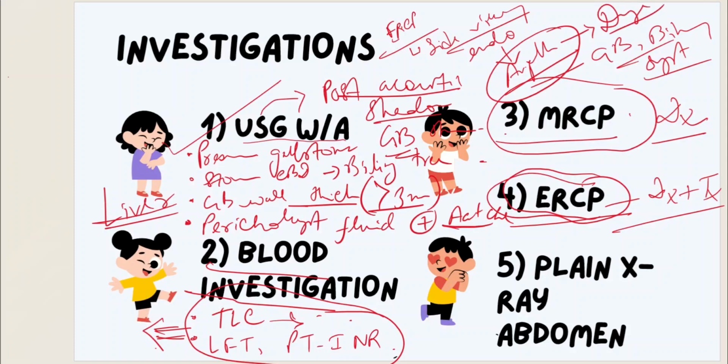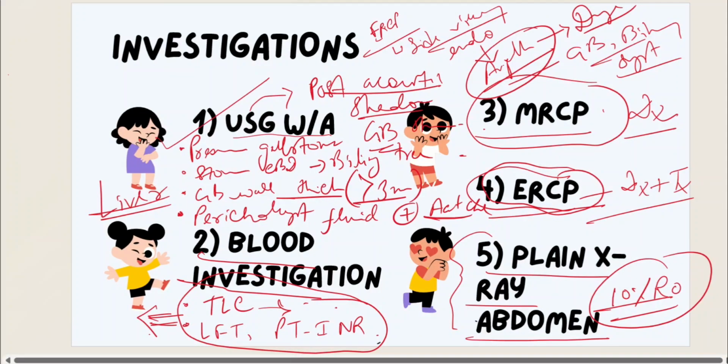We do therapeutic intervention by ERCP such as stone removal or stent placement to relieve obstruction in case of CBD stones or any kind of strictures. Last one is plain X-ray abdomen. Basically we don't do plain X-ray abdomen to diagnose gallstone disease because only 10% of gallstones are radio opaque. We use it for complications like gallstone ileus, where there is a perforation, then definitely this is helpful.